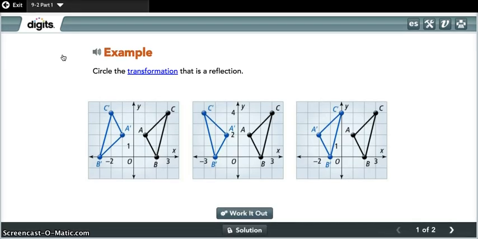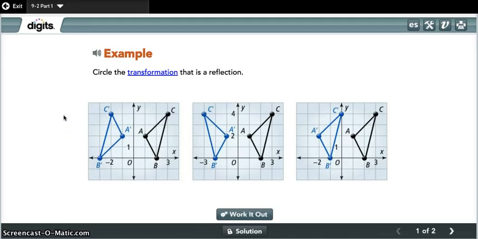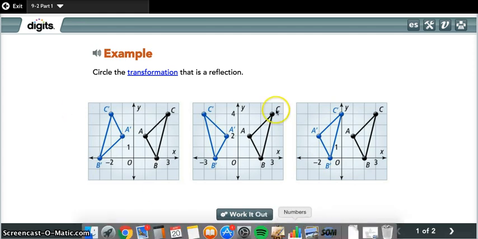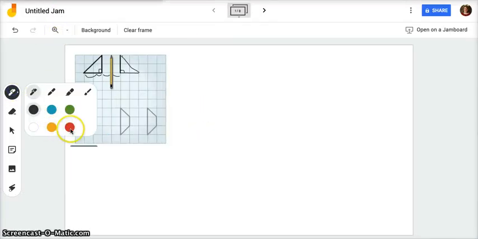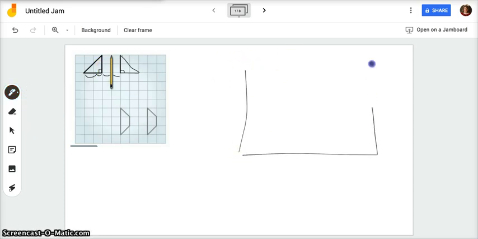So first of all, we're just going to be starting with identifying reflections. So which one actually is a reflection? And if you ever did this project as a kid, you might have done this. Now, this is going to be a very poor drawing, but maybe you did something where you had a piece of paper and you folded it down the middle like this, and you drew half of a butterfly.